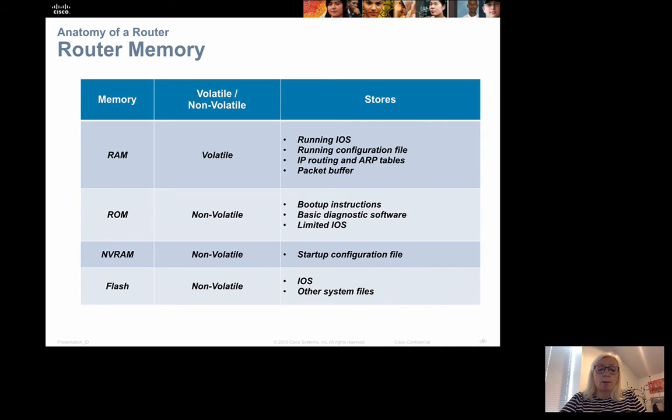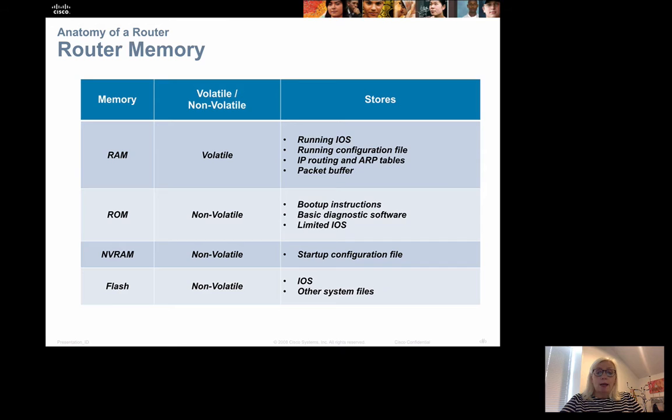We also have a ROM, which is a non-volatile type of memory. It's a very small memory. This is where the bootup instructions are saved, and also some basic diagnostics and a very, very limited operating system, which just makes it possible to start the device up.